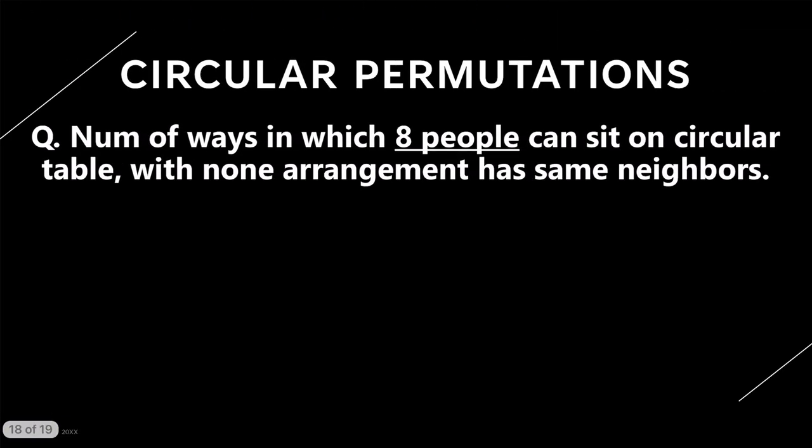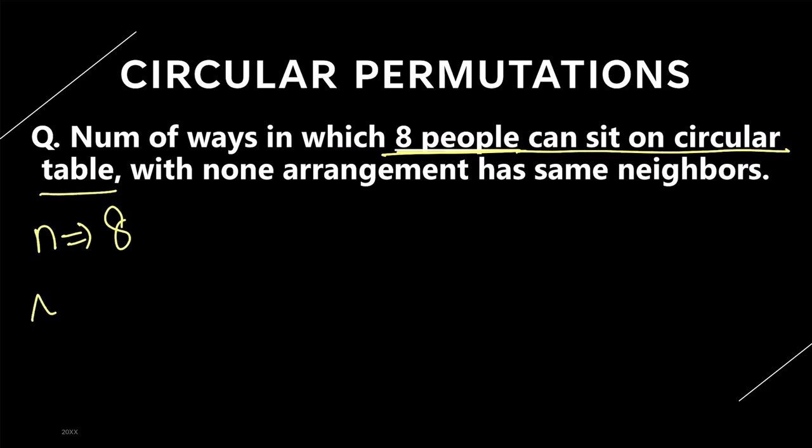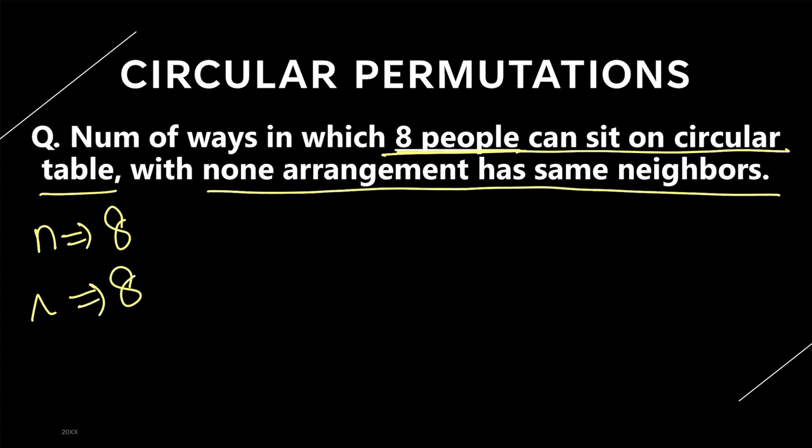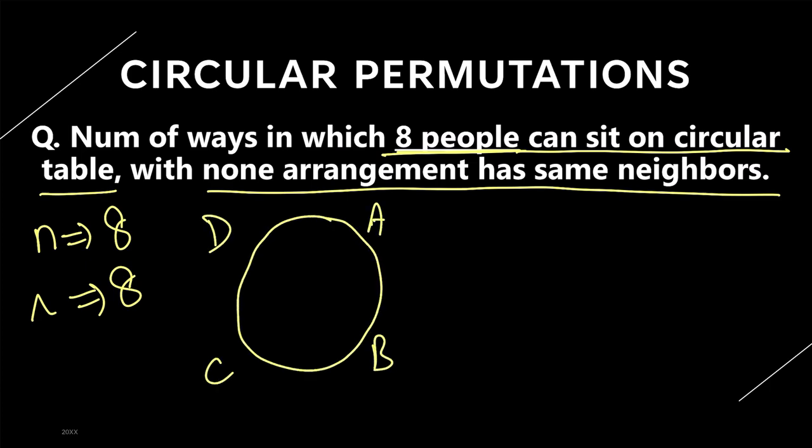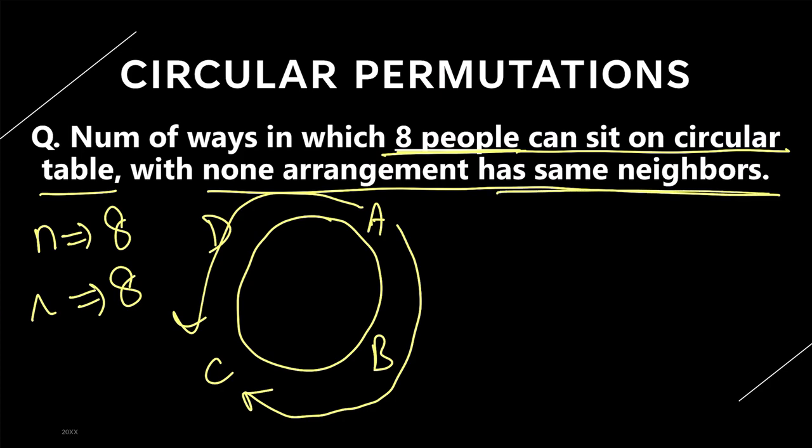Now, the number of ways in which 8 people can sit at a circular table. So we have n people and we are making everyone sit at the table, where no arrangement has the same neighbor. No arrangement has the same neighbor means if A, B, C, D are sitting, then this and this are not the same. They don't have the same neighbor.